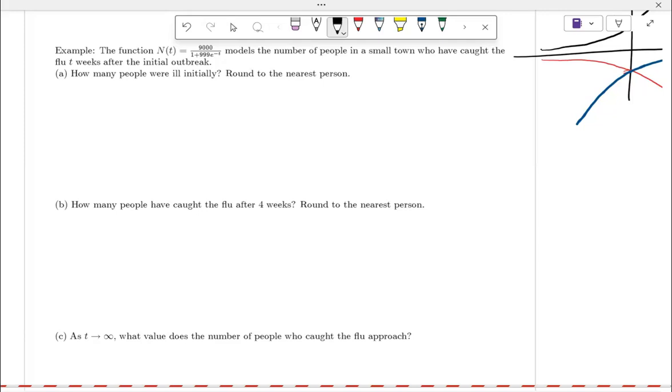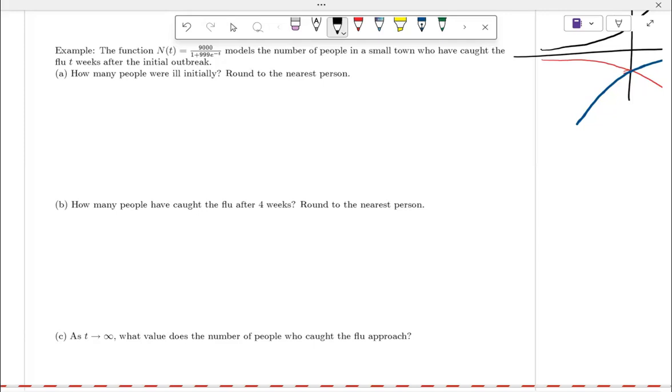They give you a number of people in a town that have caught the flu. That sounds familiar. All right. So it asks you how many people were ill initially, and then how many people caught the flu after 4 weeks. So that's the first two parts.